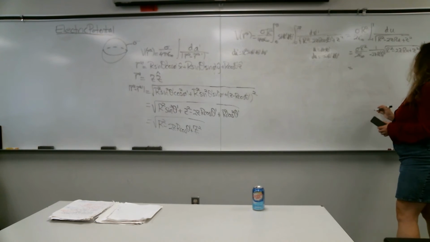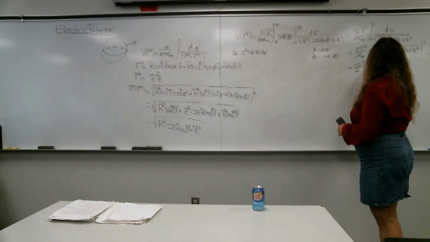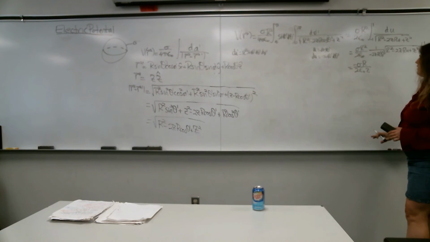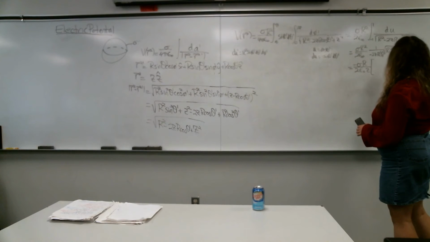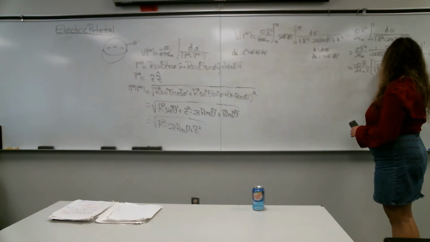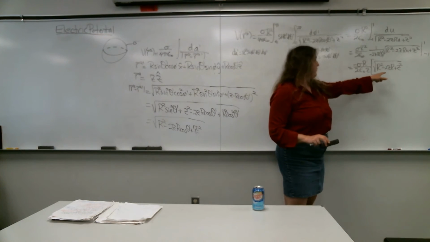So evaluating it at the endpoints here, we're left with minus sigma R over 2 epsilon naught z times the square root of r squared minus 2zr plus z squared.